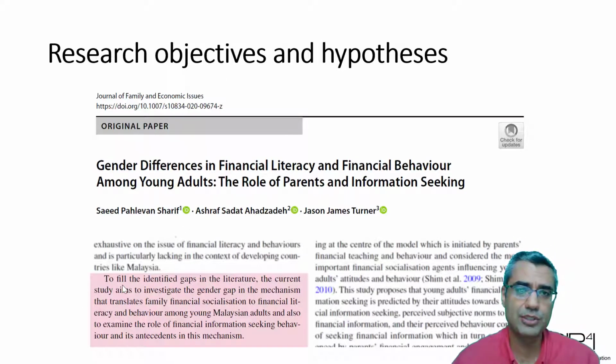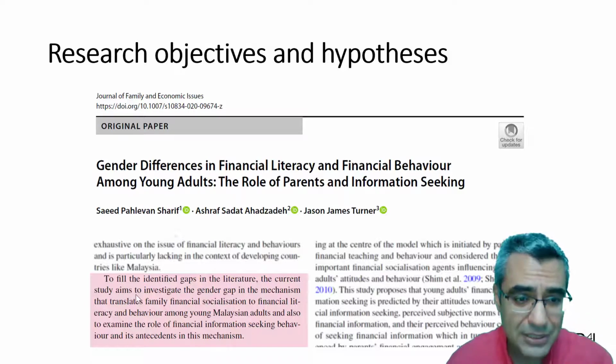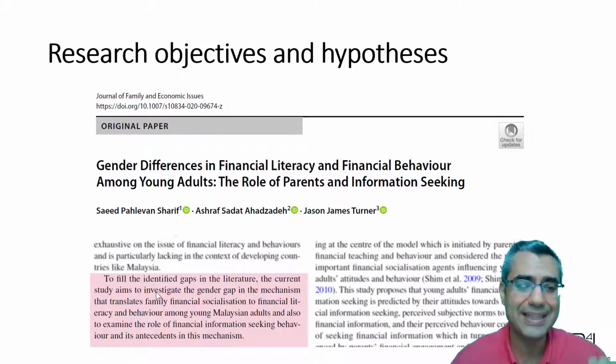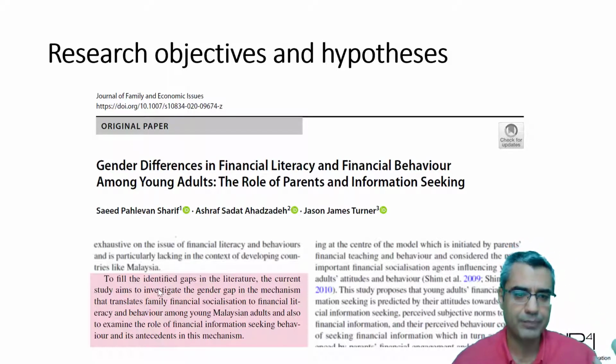How to state the research objectives? You follow the standard format of stating research objectives. You see, to fill the identified gaps in the literature, the current study aims to, you start with to, and then investigate, examine, study, explore, whatever.